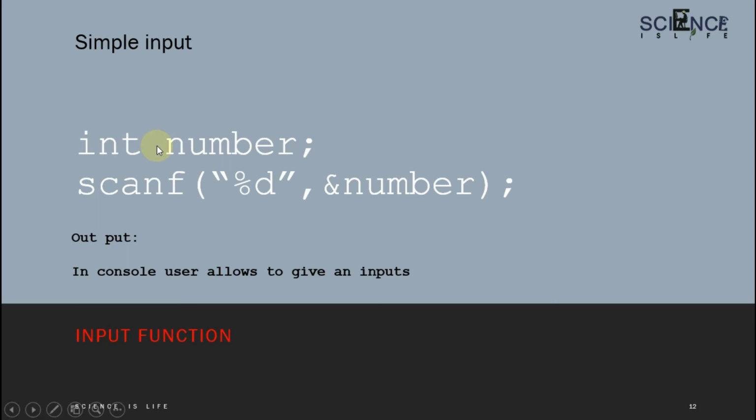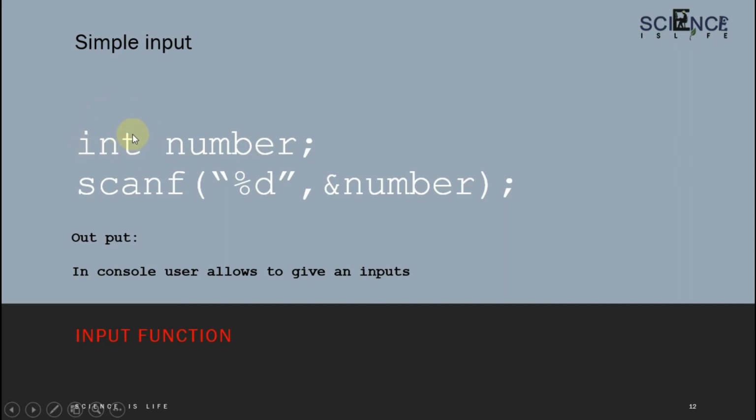If you don't know what variables are, don't worry, we will do a separate video for variables also, then you can learn it. So here just think number is a variable, its data type is integer, right? Our variable name is number and the data type of this variable is integer.